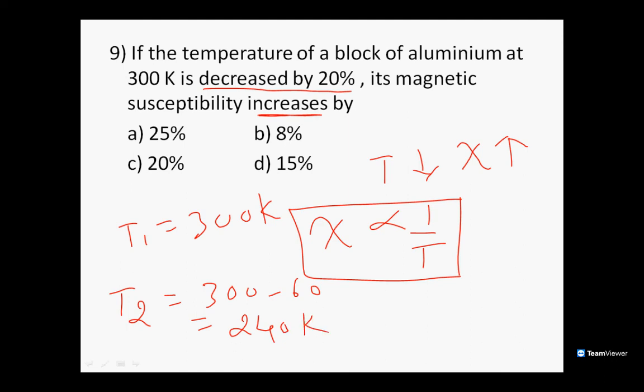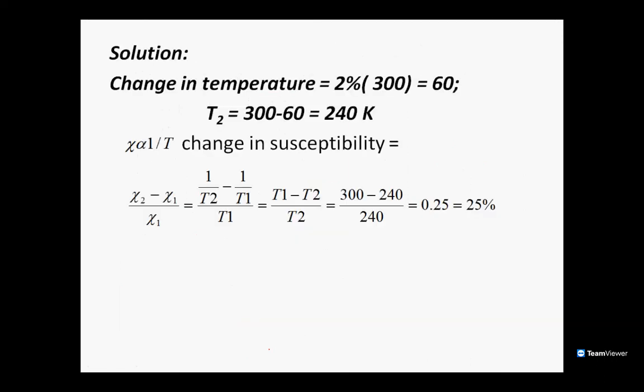Students, I know the value of T1 and I know the value of T2. He is asking for the percentage of change in susceptibility. T1 is 300 and T2 is 240 Kelvin.